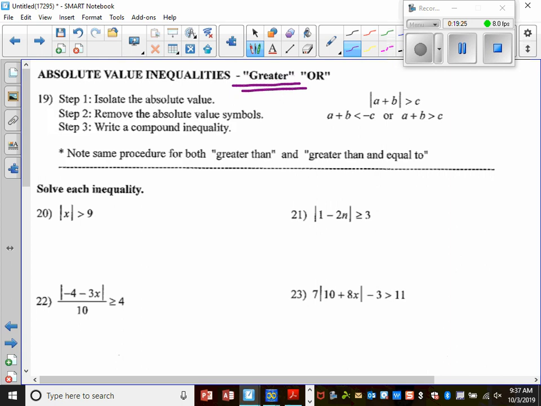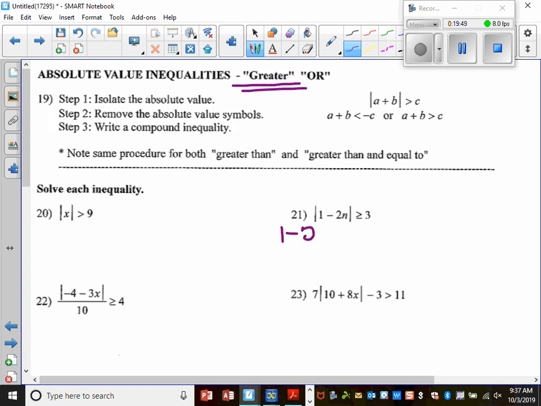So here, they're all put together for you because we're doing now all greater than. But on your test, they'll be switched up. One problem could be a greater than absolute value problem. One problem could be a less than. So you have to make sure you pay attention to the inequality symbol so you'll know if you're looking for and or. All right, so here we're going to drop the bars.